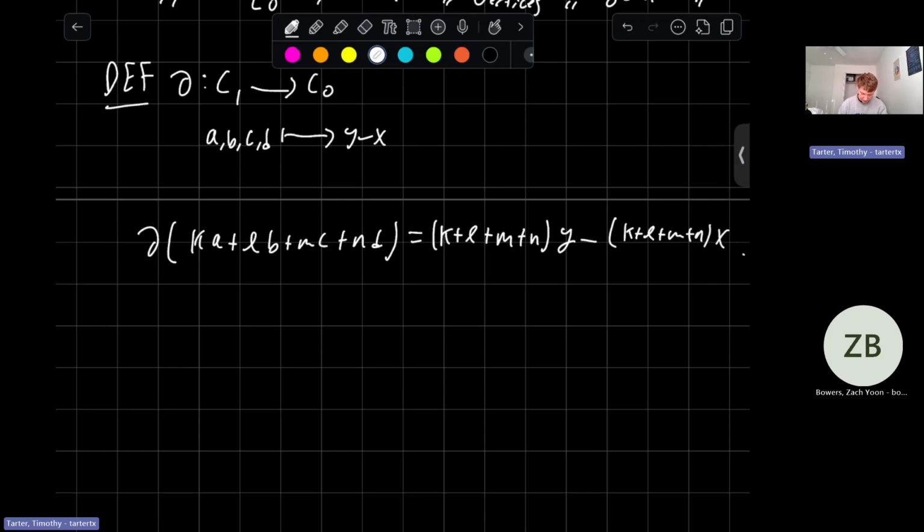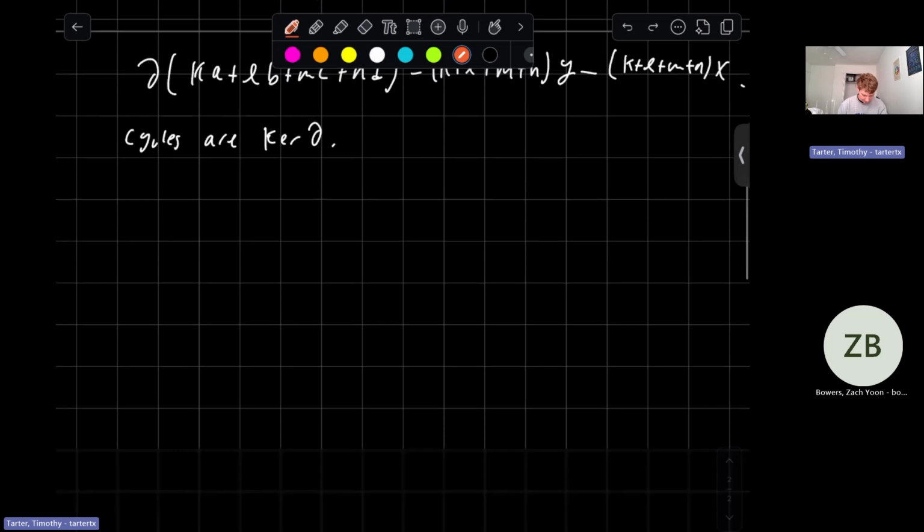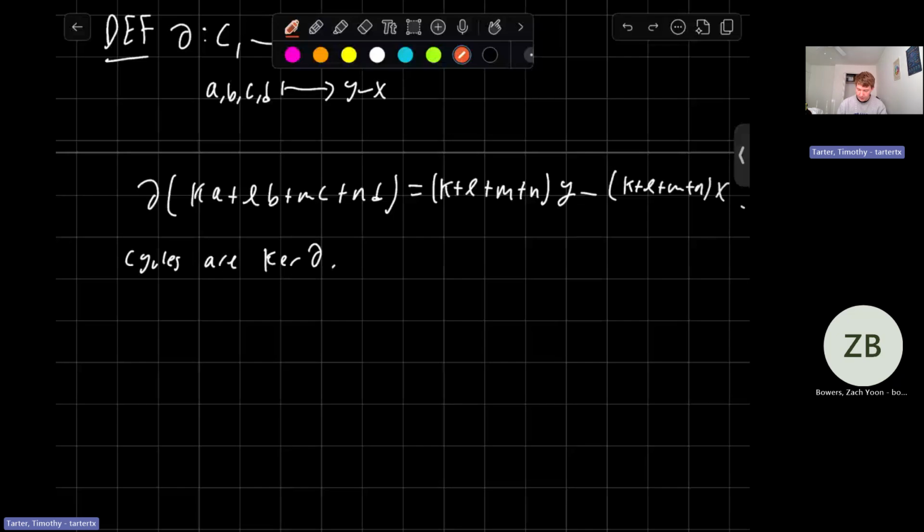And the cycles are the kernel of this map. So anything where x and y zero out lands in the kernel, and so they are the cycles.